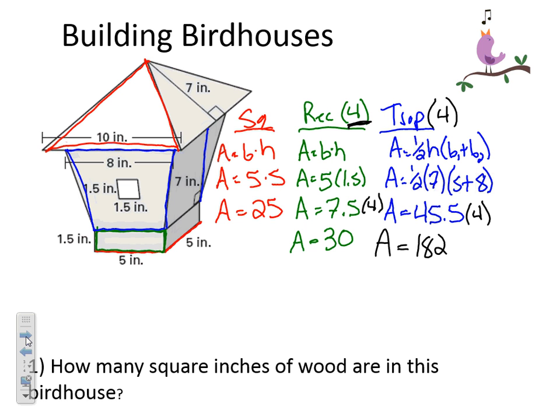Now if we keep going to the top, we find that on the top of our birdhouse, we have a triangle. So our area of our triangle times 4, because there's 4 of them, area equals base times height divided by 2. So area equals, my base is 10. My height, if I look over here, is 7, divided by 2. So my area for this one equals 35.